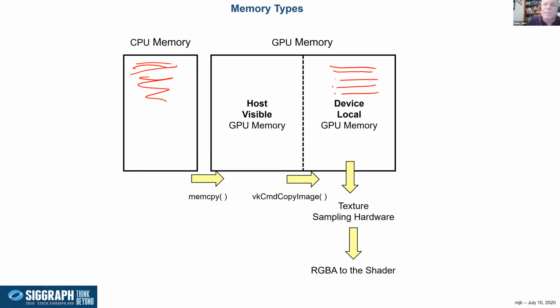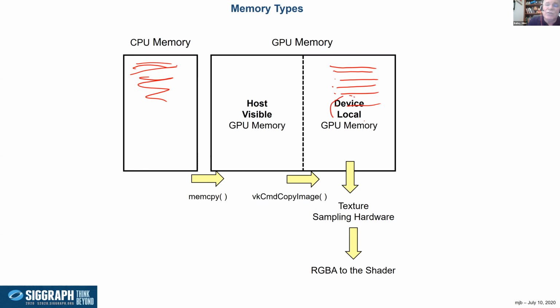Remember, there's two types of memory on the GPU, at least as far as Vulkan's concerned. One is device local memory, and that's where it wants to sample the texture from. And presumably that's faster memory, or it's got something special about it so that it can do 4 samples at a time and do bilinear, or 8 samples at a time and do trilinear interpolation, but it's special.